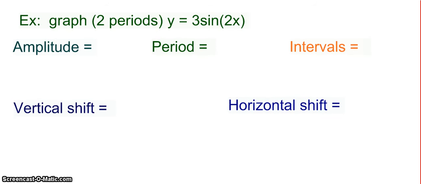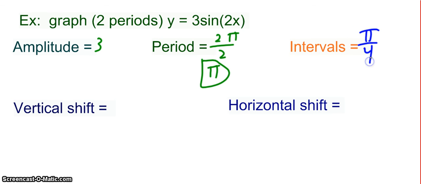Okay, so let's look at an example. We want to graph 2 periods of this. So first we need to identify this information. Amplitude, I see that that's going to be 3. The period is 2 pi over b. The b value here is 2. So that's 2 pi over 2. So the period is pi. The intervals, remember, are the period divided by 4.